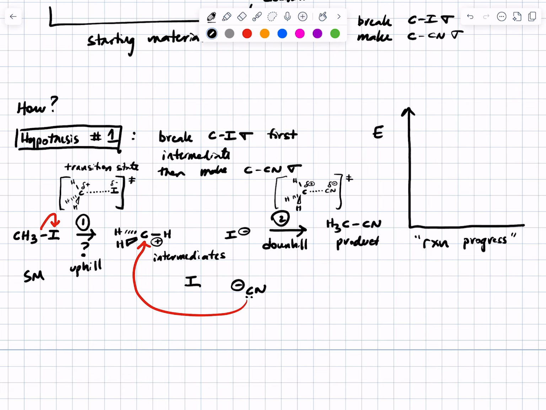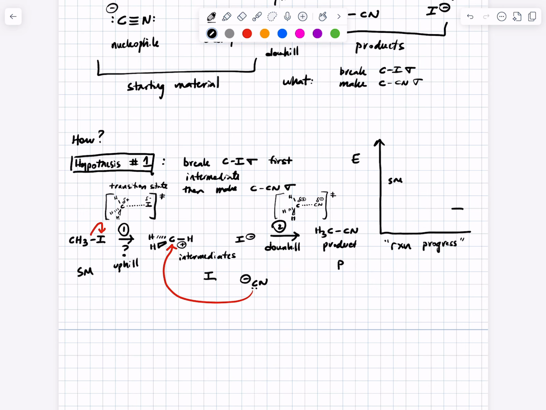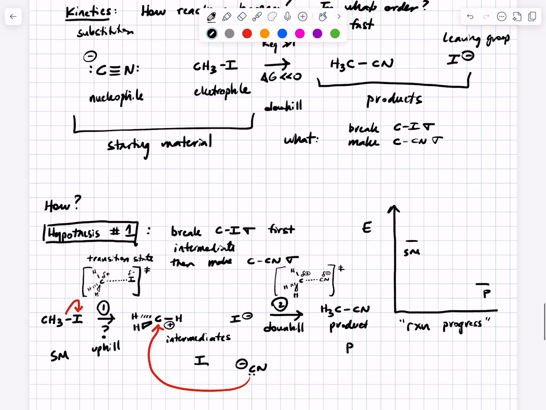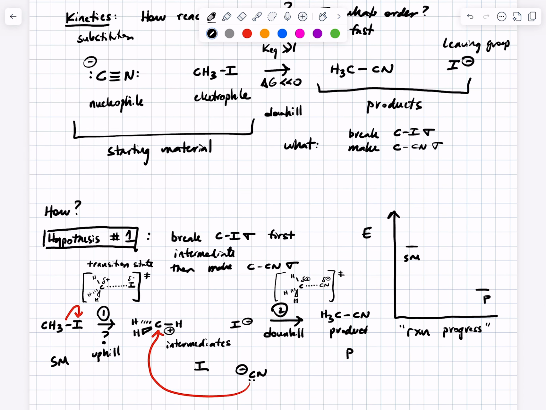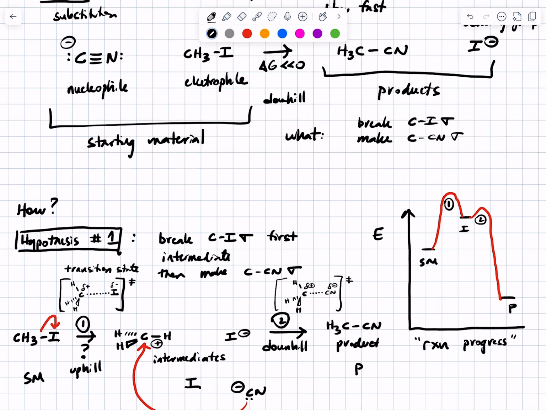This is our intermediate. This is our product. We predict overall that the reaction's downhill in energy, so the product should be lower in energy than the starting materials. We predict that the intermediate is higher in energy than the starting material. And then we could draw a pathway that would lead from step 1 to the intermediate to the product. This is step 1, this is step 2. And we'll say more about that next time.